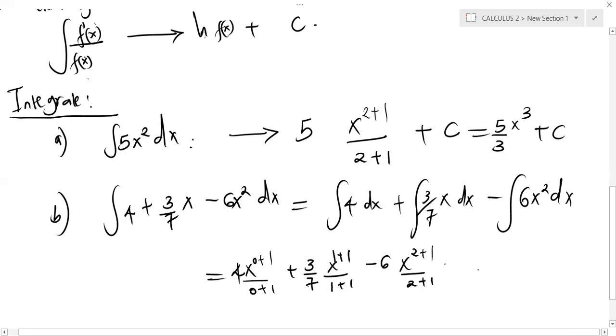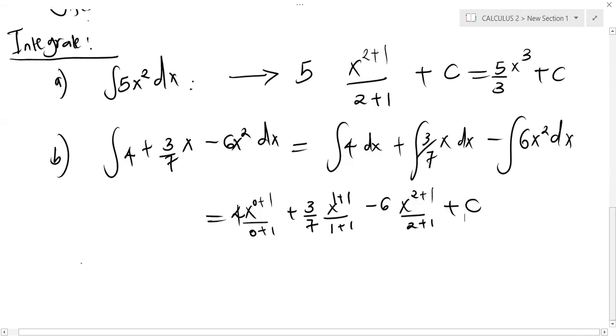And finally, plus c, because the range of integration has not been defined. So this basically simplifies to 4x plus 3/7 x squared over 2 minus 6/3 x cubed plus c. You can go on and simplify this further.